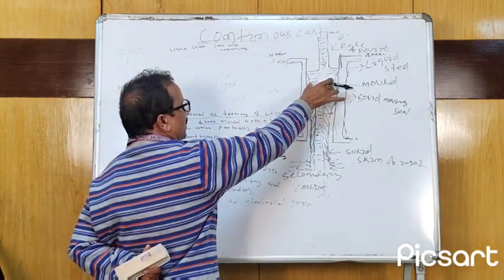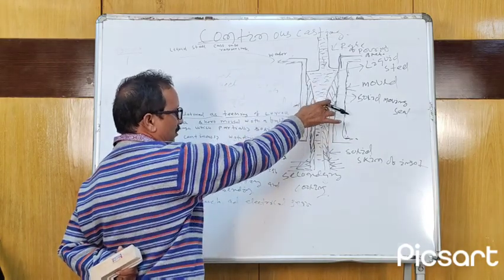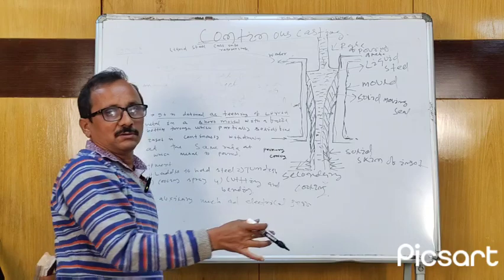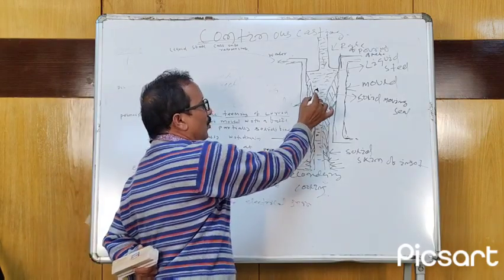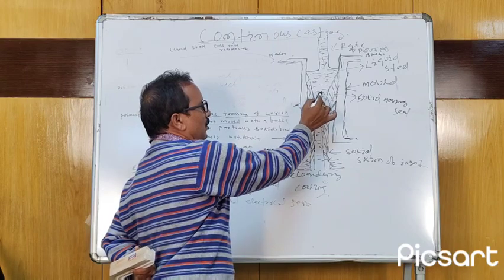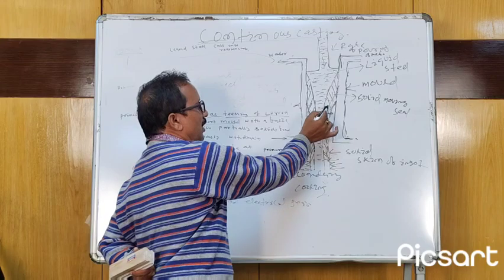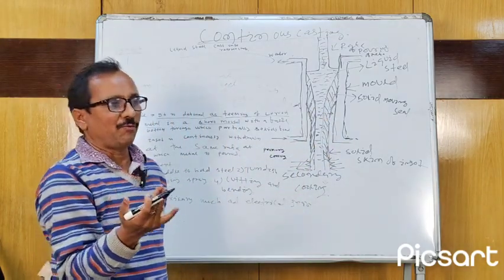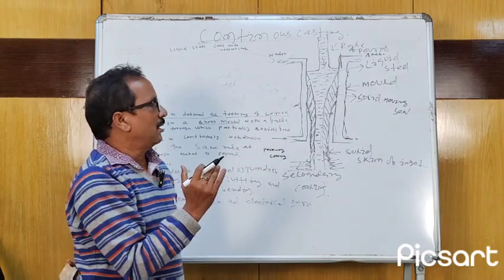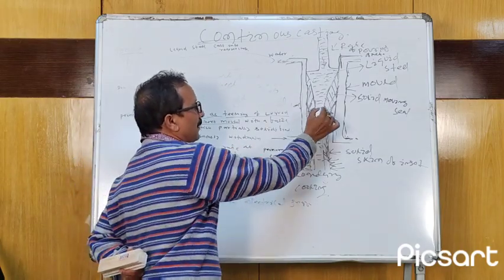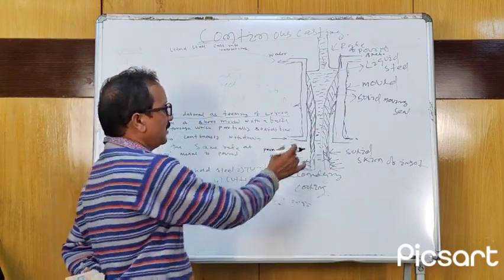You can imagine how a solid skin is initially formed, then that will be withdrawn. This liquid steel will exert pressure on the solid skin. So that solid skin should be strong enough to resist the pressure of the liquid metal. Otherwise it will crack and surface ruptures will come in the solid surface.